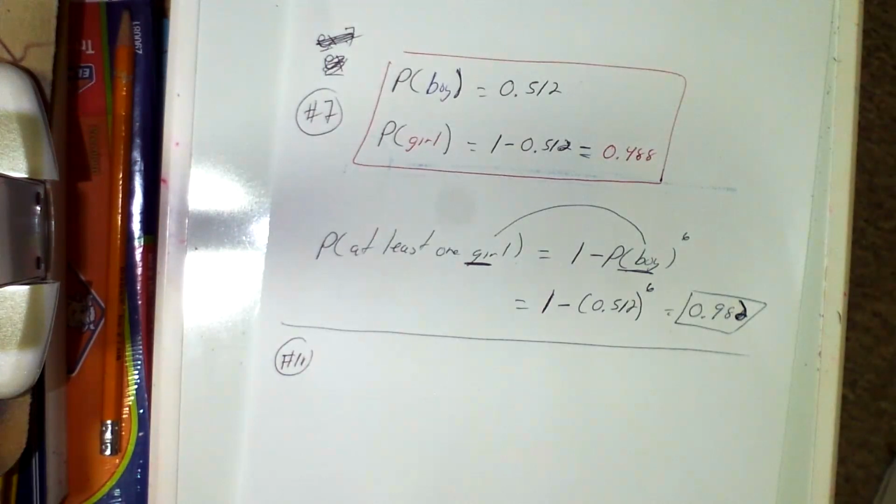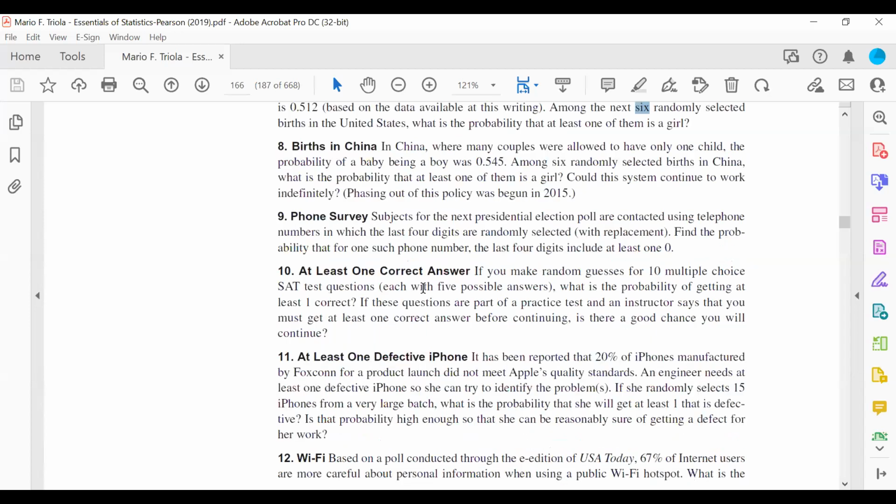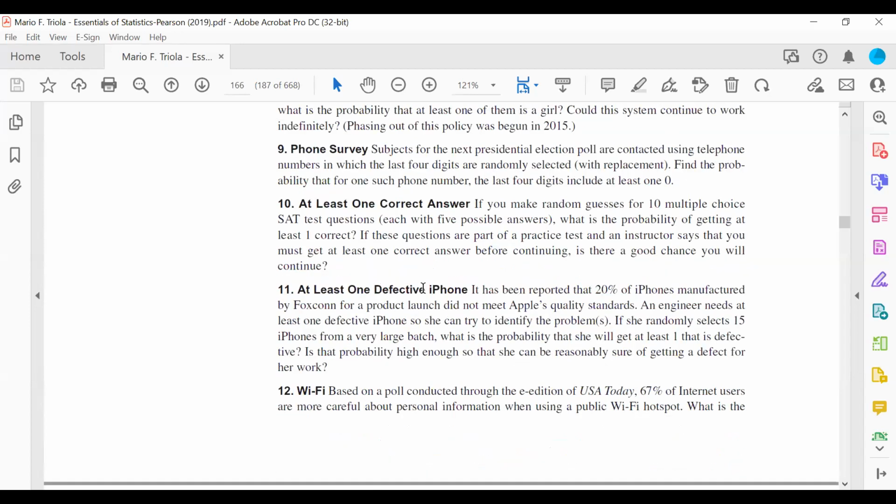Number 11 reads: at least one defective iPhone. It has been reported that 20% of iPhones manufactured by Foxconn for a product launch did not meet Apple's quality standards. An engineer needs at least one defective iPhone so she can try to identify the problem or problems.